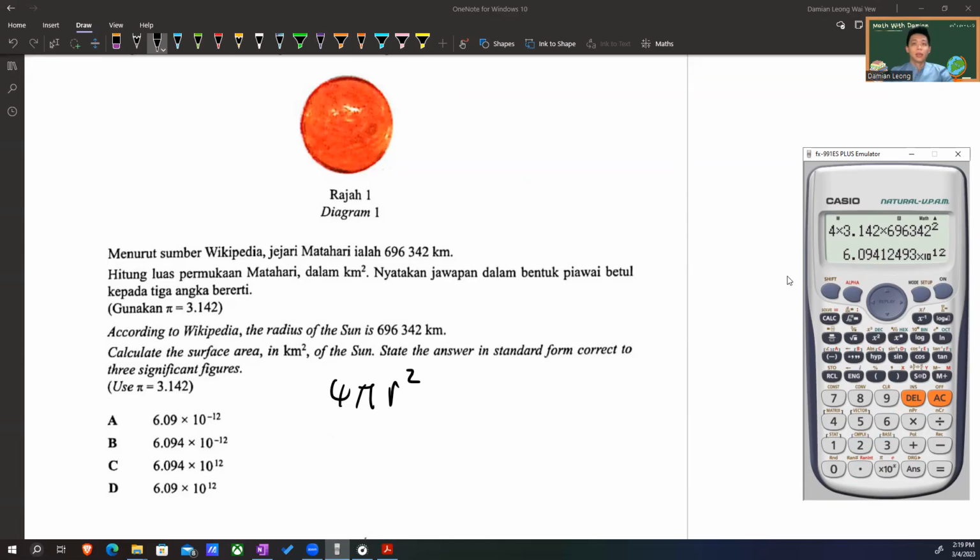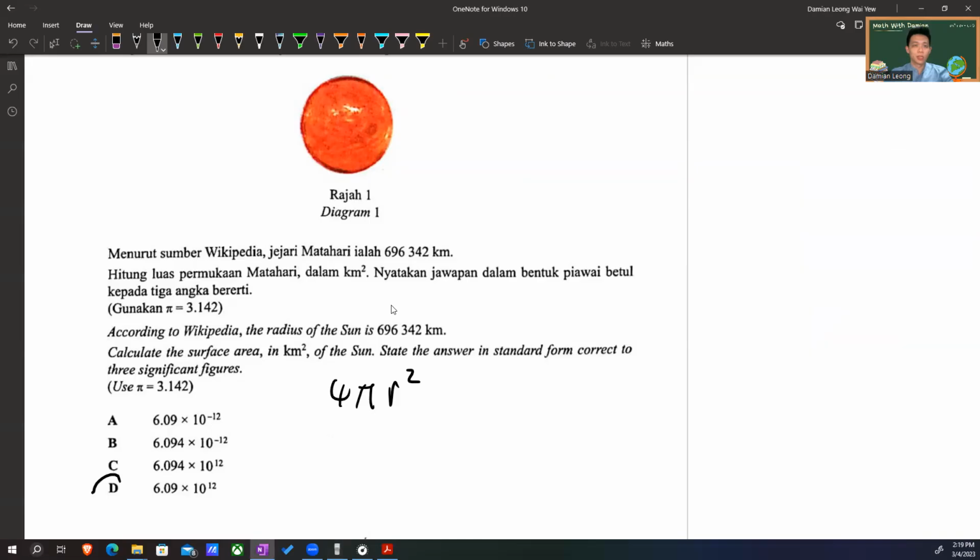I want to round off to 3 significant figures. So 1, 2, 3. Next number 4, so round down, 6.09 times 10 to the power of 12. Answer D. C will be wrong because that would be 4 significant figures. So we only want 3.